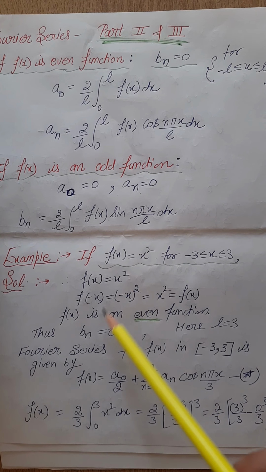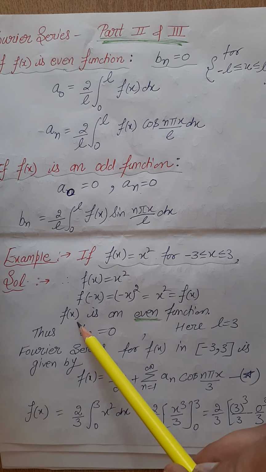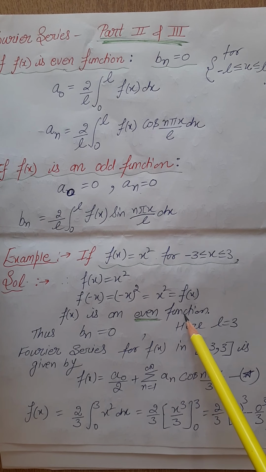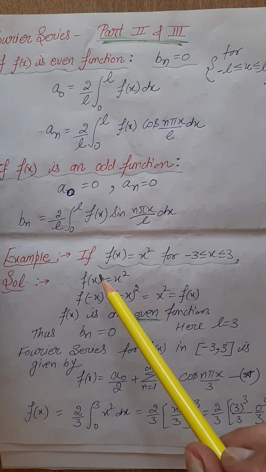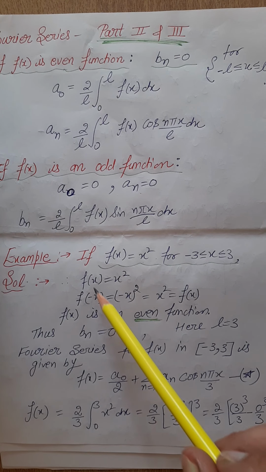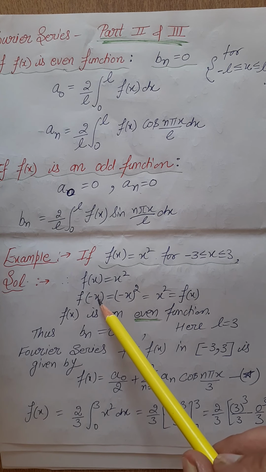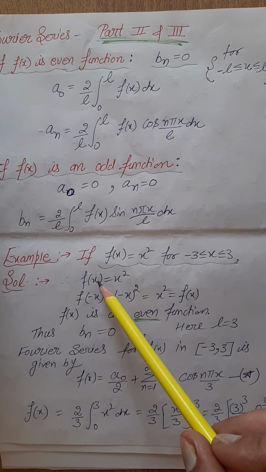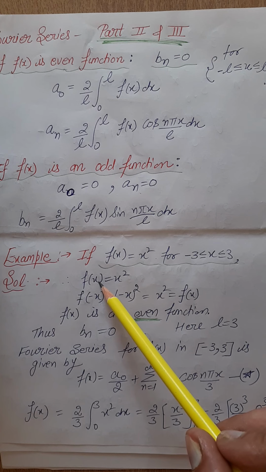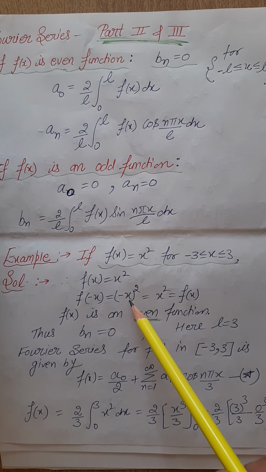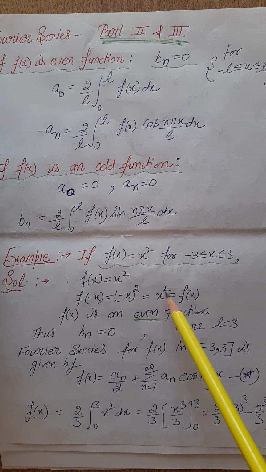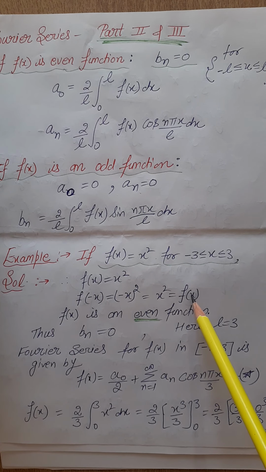Now, if we want to find whether f(x) is an even function or not, then we apply this formula. We put minus x in the place of x in our function, and we put it on the right side also. After solving it, we get the same function.